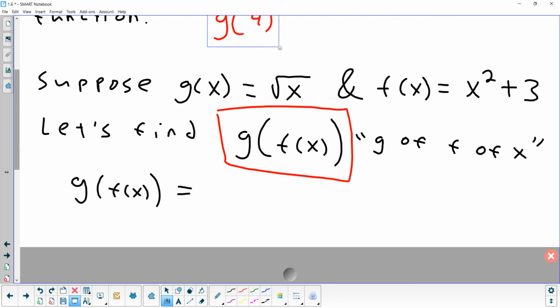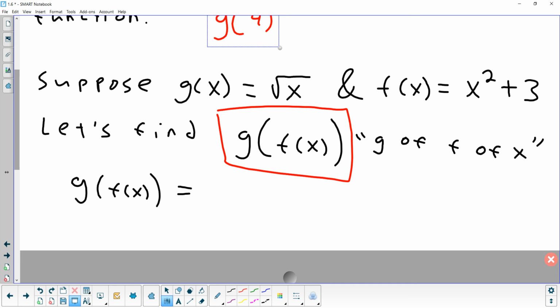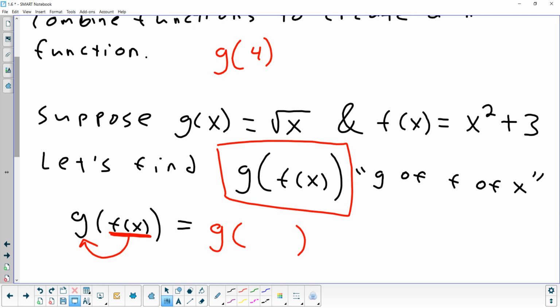Well, this means exactly the same thing. Take what's in the parentheses and fill that into function g. That's called composition. So let's write down what g of f of x is. f of x is not going to be a number, it's going to be a formula.